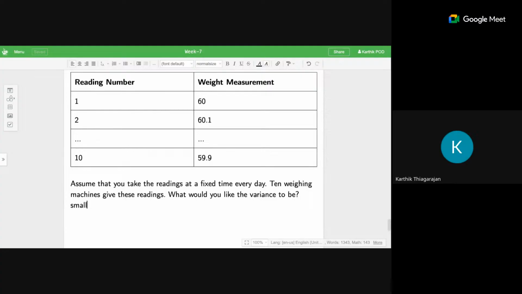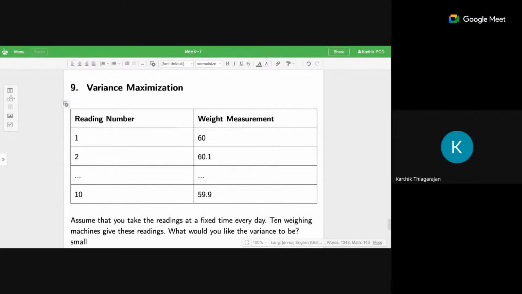Any deviation from that, you would like it to be less. The deviations are probably coming because of daily variations or faulty weighing machines. So there's one way of understanding the variance, where it is a measure of your error, or deviation from the mean, which can be interpreted as the error.